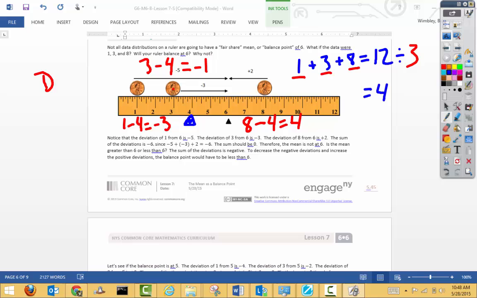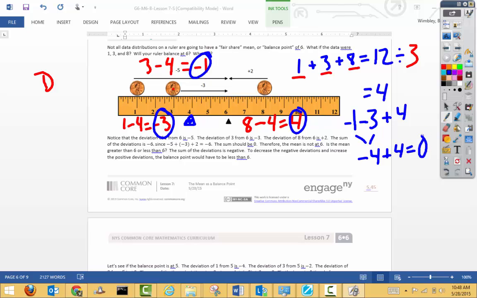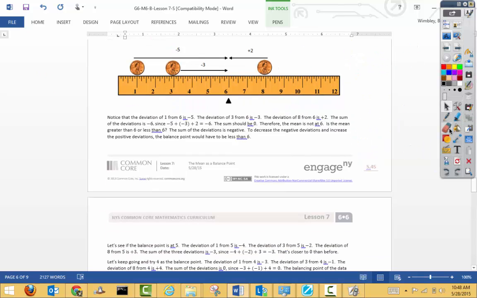So here are my deviations. When I add my deviations up, what should I get? It should be 0. So let's check. -1 minus 3, that's a -4. And then I need to add this 4 on. And -4 plus 4 is that 0. So where is my mean? My mean is 4. What is my balancing point? It is also 4. All right, let's keep going.